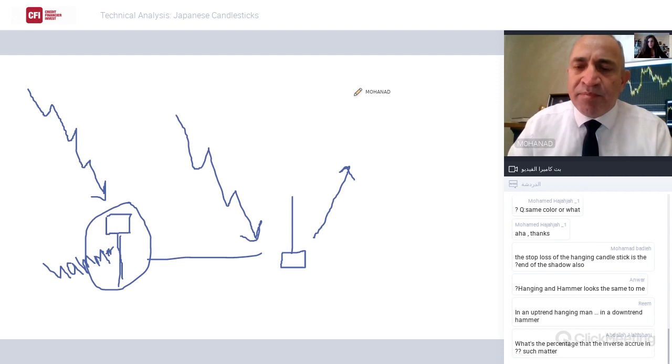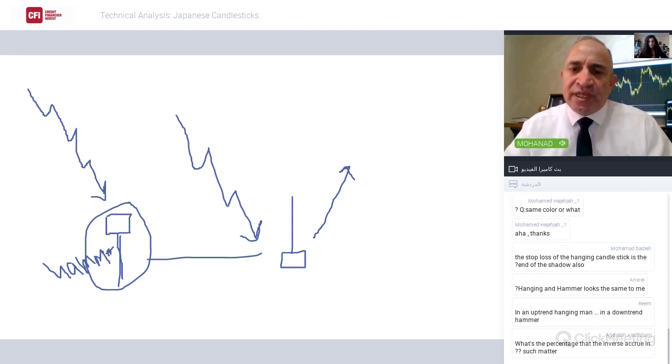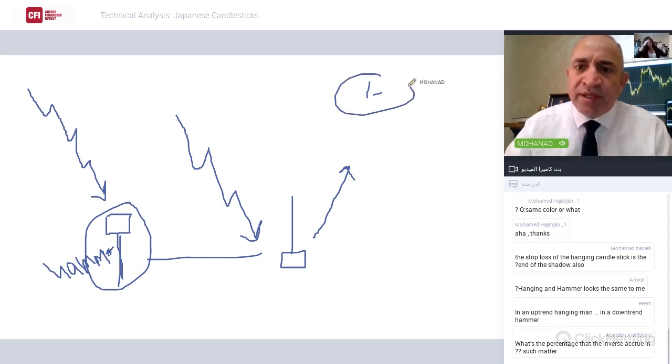And we can add some important notes. We have some criteria to help us know the power of this reversal candlestick. The first criterion: if the candlestick appears near a support or a resistance level. Yes, it makes it more indicative.